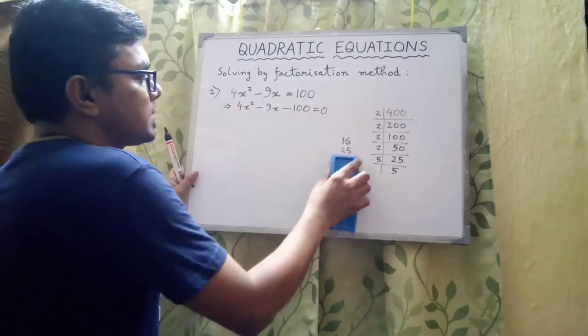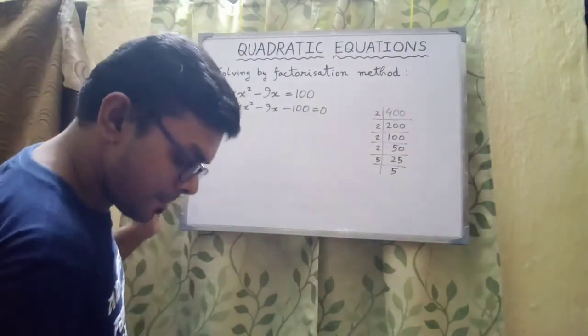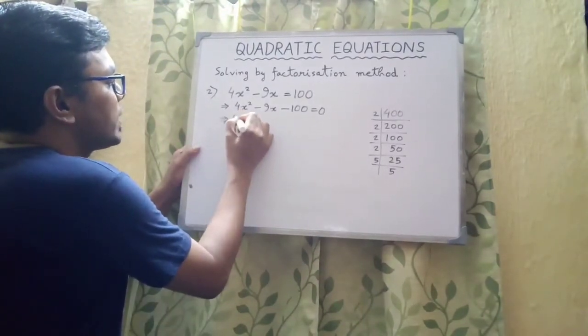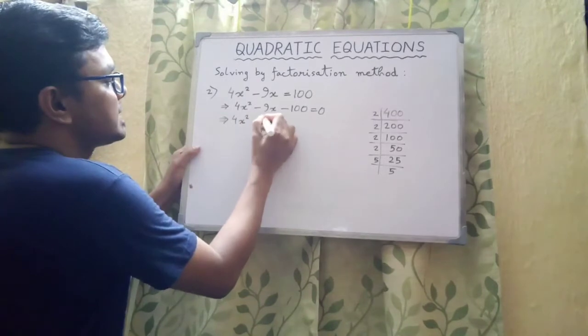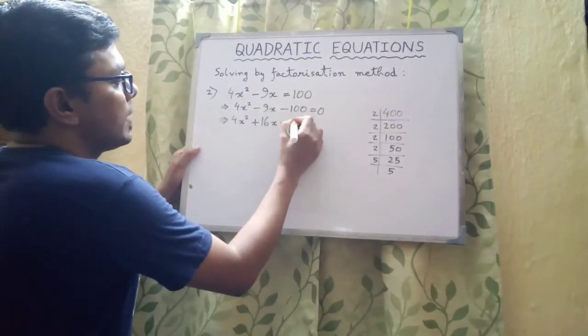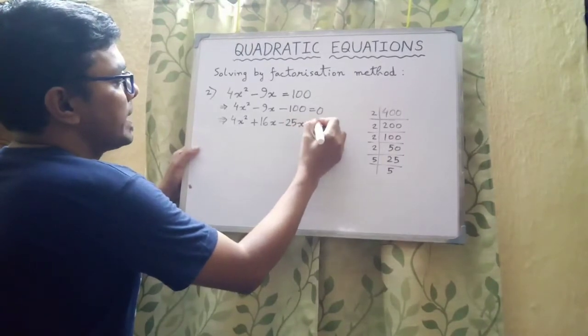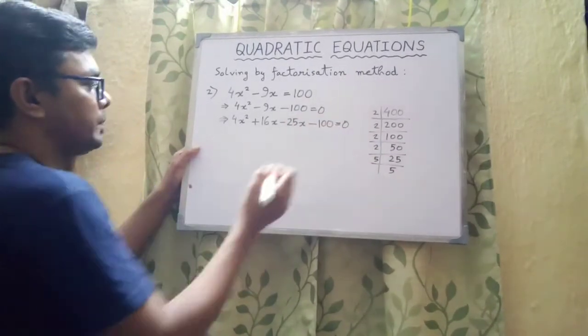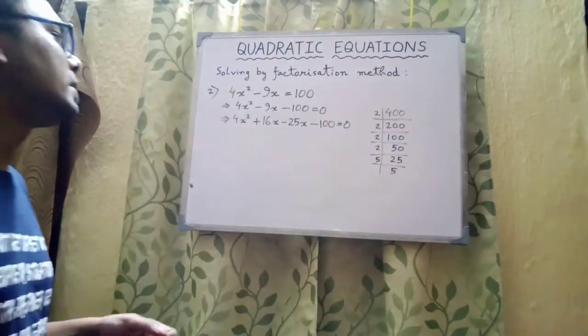So we will just do 4x squared plus 16x minus 25x minus 100 equals 0.